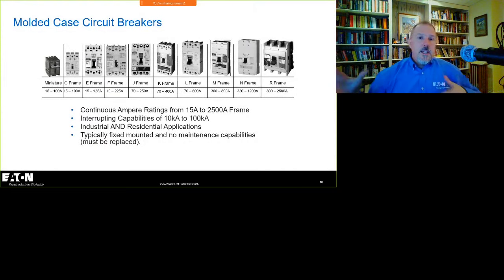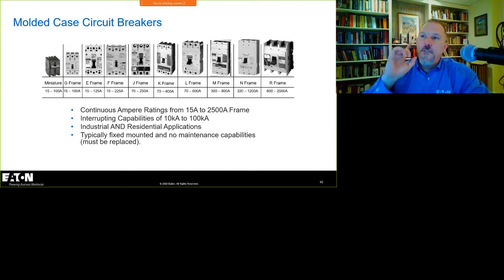Right, so here are your molded case circuit breakers. Now look, I can go from a 15 amp molded case miniature breaker, and we make 10 amp breakers too, all the way up to a 2500 amp R-frame breaker. That's a big boy, a big circuit breaker, and it's pretty heavy. 2500 amps is nothing to shake a stick at.